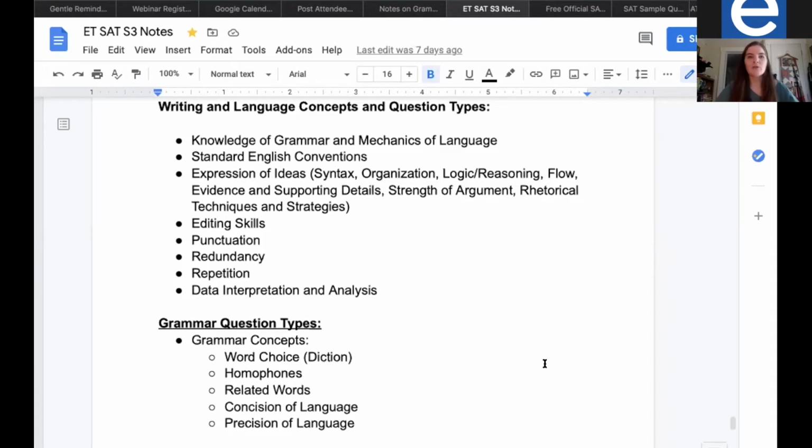Don't worry so much about being like, I don't know what synecdoche is, or which is more of a literary technique or things like that. It's very rare that they will give you literary technique oriented questions for this section.